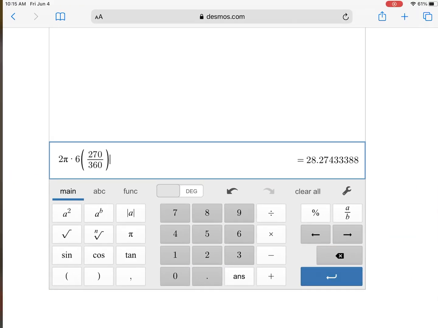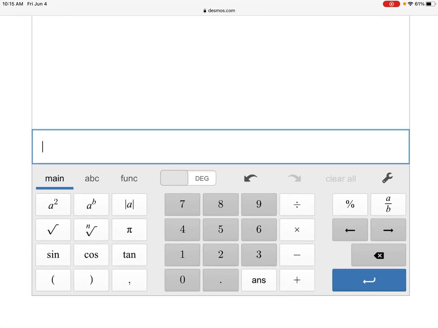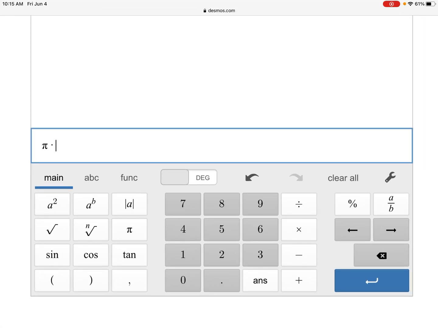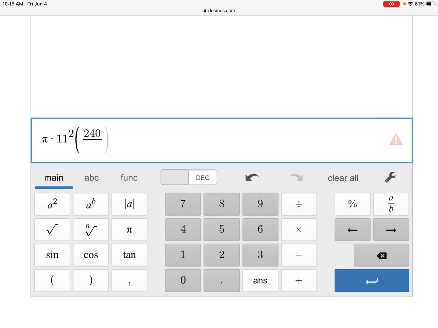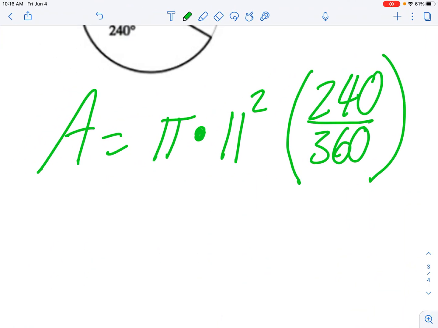So we're going to use our calculator. We're going to type this in exactly the way we see it. So I'm going to start with pi times 11 squared, parentheses, 240 divided by 360. I click on the end here, parentheses, and look at that. 253.42.